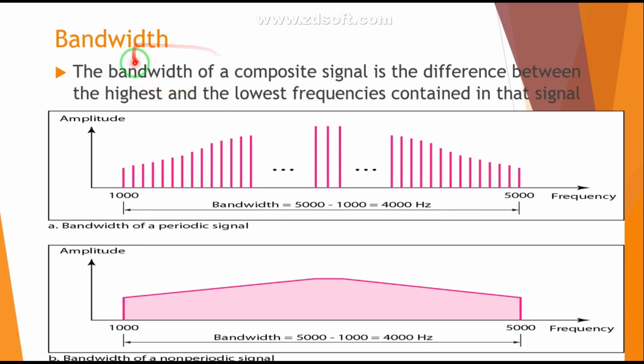And remember, the bandwidth is a property of a medium. Similarly, this is the bandwidth of a periodic signal, and this is the bandwidth of a non-periodic signal. The formula remains the same: the highest frequency minus the lowest frequency contained in that signal gives you the bandwidth.